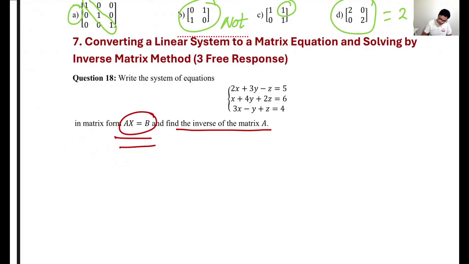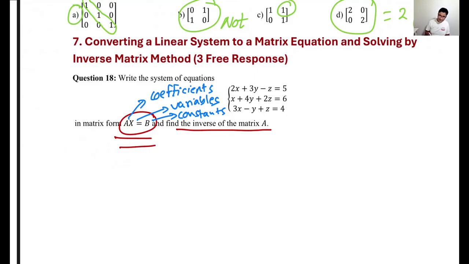You take the coefficients and convert that into the coefficient matrix A. Now, A is going to be the coefficients. X is going to be the variables x, y, and z, and B is the constants on the right hand side. Each matrix there has its own purpose.